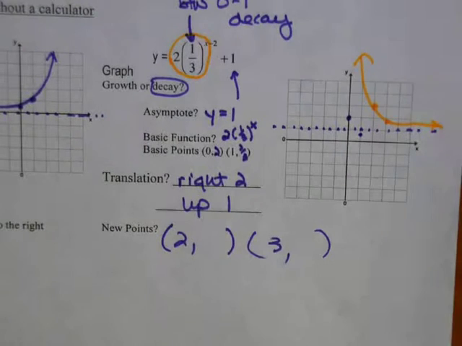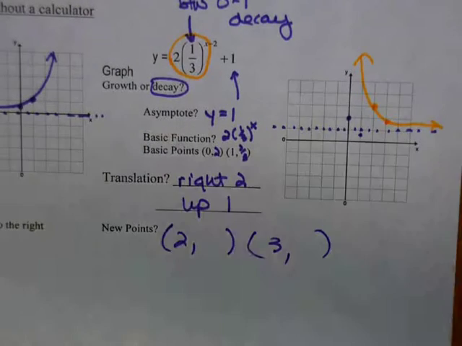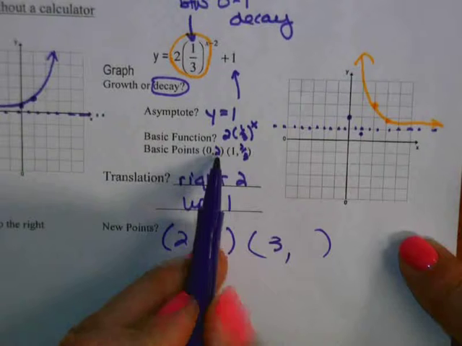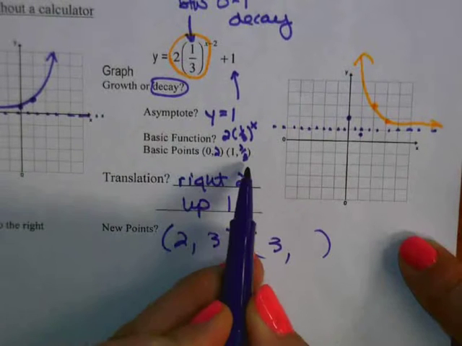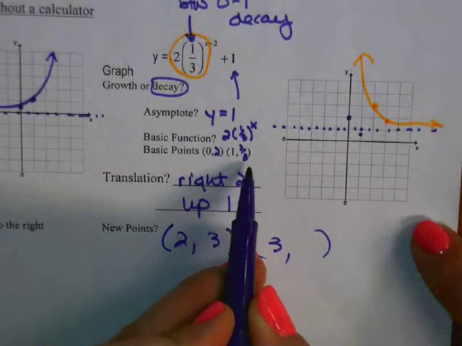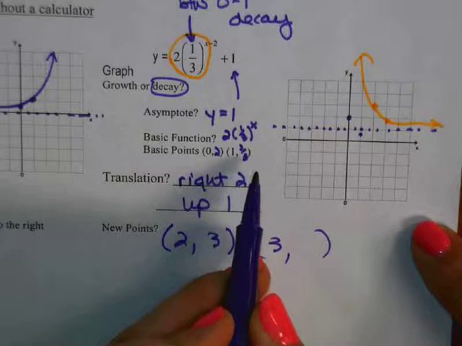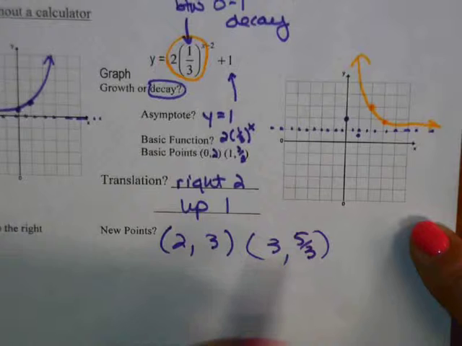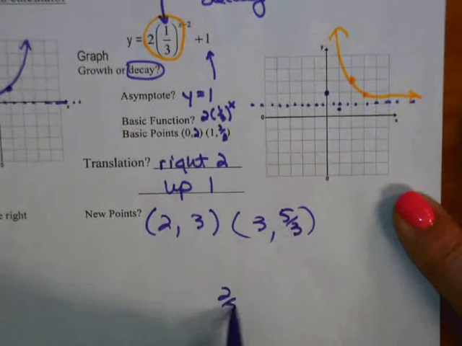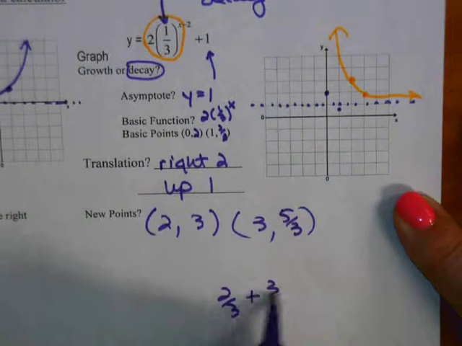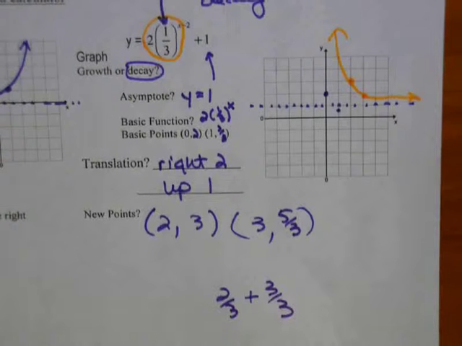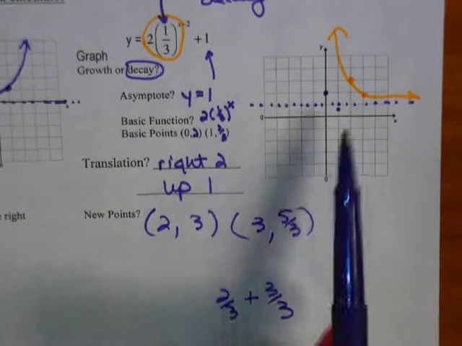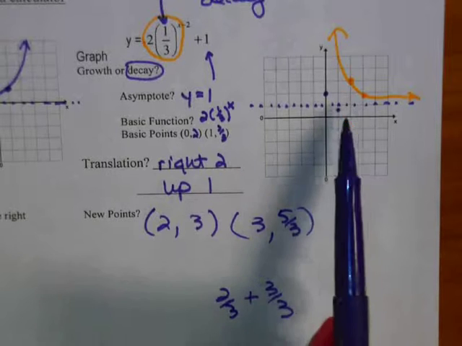And then what do you do to your y coordinates? Add 1, okay? So 2 plus 1 is 3. 2/3 plus 1: you can do it in your head, you're in advanced algebra 2 now. 5/3. If you can't do it in your head, it's 2/3 plus 3/3, correct? 5/3. And look, does that correlate with what I have here? Over 2, up 3? Over 2, yeah.